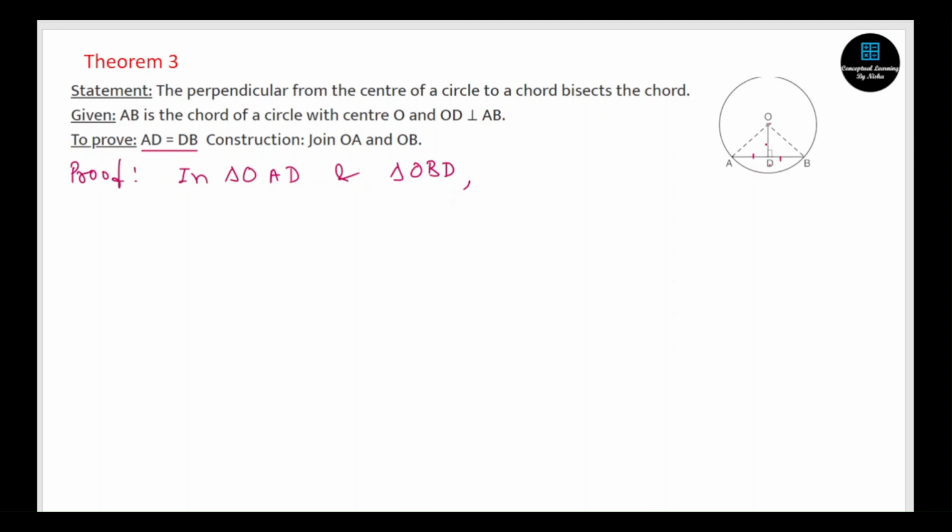See, again I am trying to prove them congruent. Which criteria do we apply? So, OA is equal to OB. Yes, they are radii. Then, what else? Angle. Correct. So, angle ODA equals angle ODB.